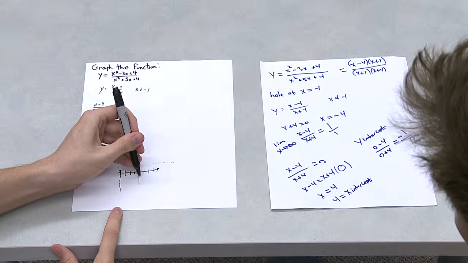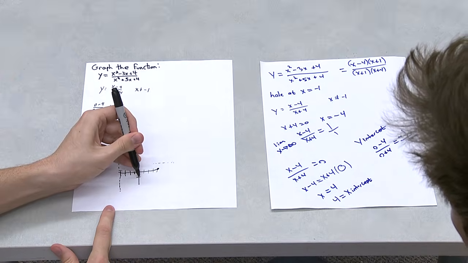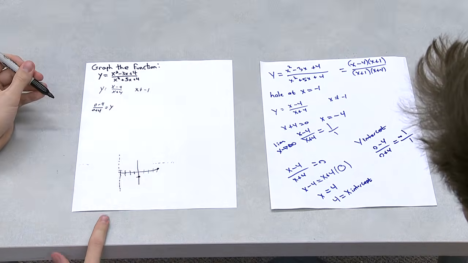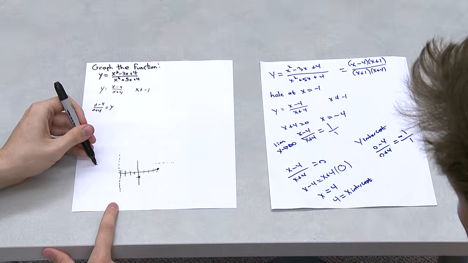Perfect. So we know we have our y-intercept at -1. And so now we can finish the graph.